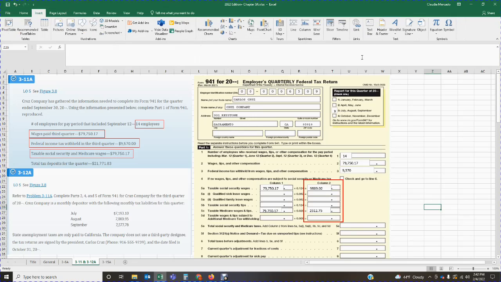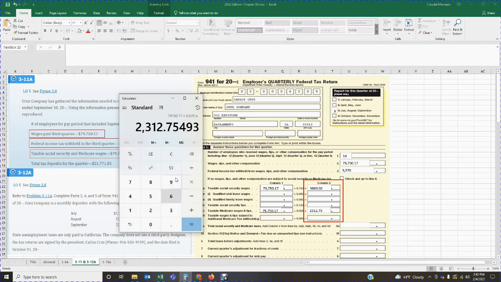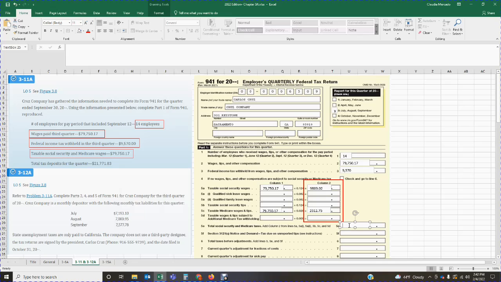So let's see what we get. So we've got 9,889.02 plus 2312.75, and we're looking at column 2, and that gives me 12,201.77.